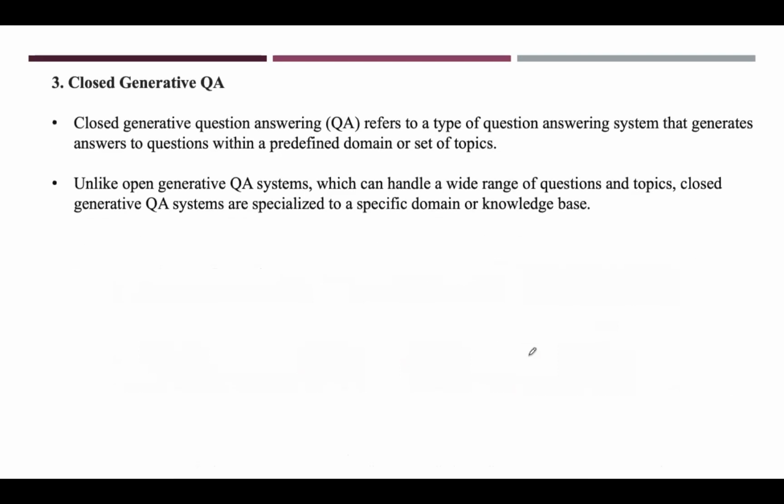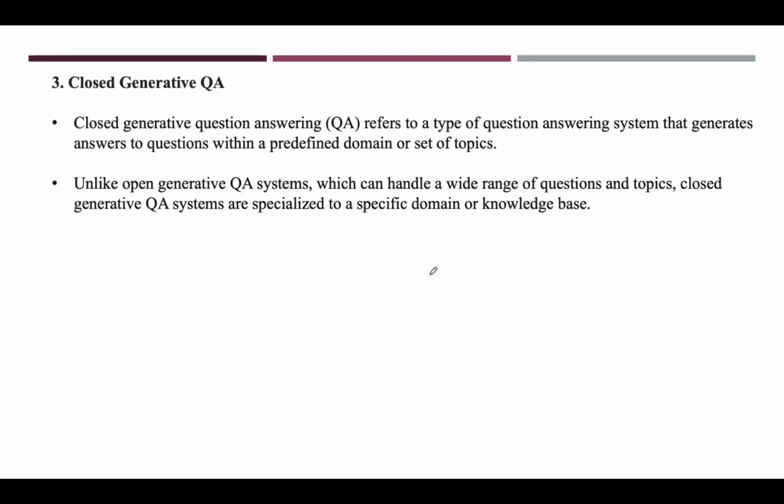And the last one is closed generative QA. It does not have any access to external information and generates answers by only using the information from the question. Unlike closed generative QA, open QA systems can handle a wide range of questions and topics. There is no restriction on the scope.